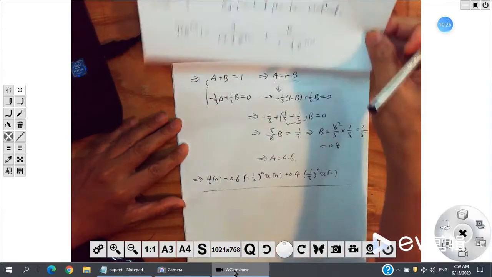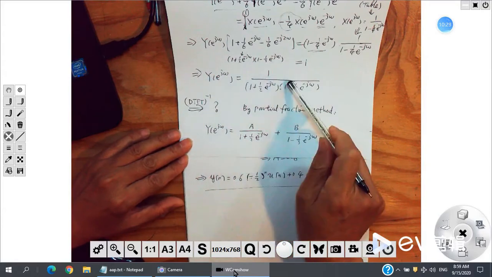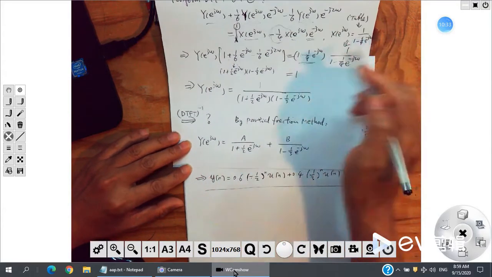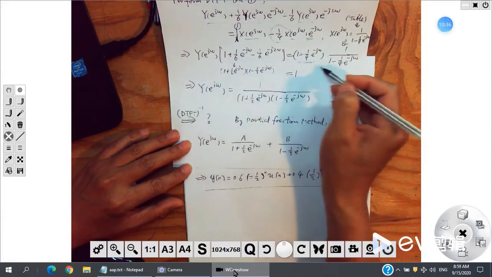The basic thing is we find the frequency response. Actually, here I didn't do it, I skipped it.